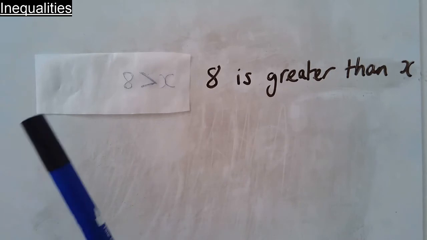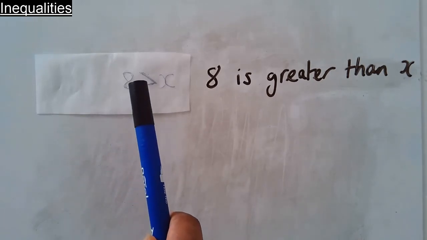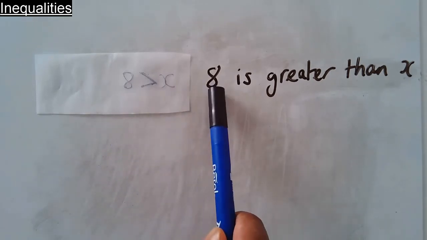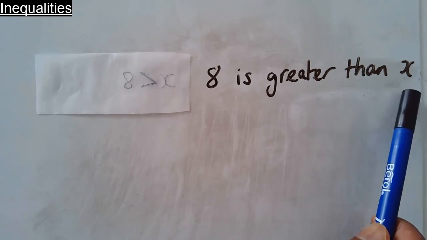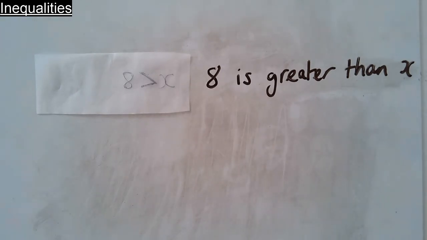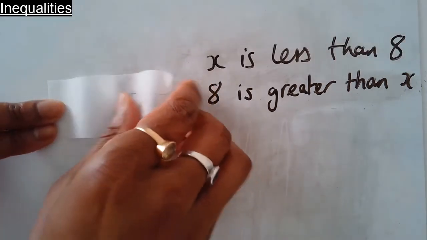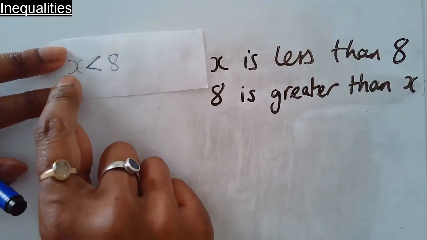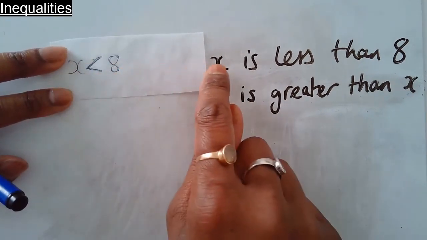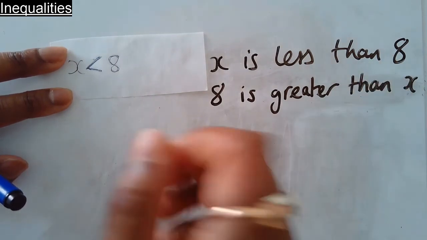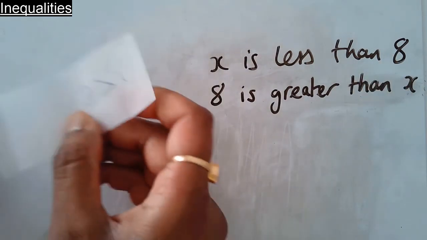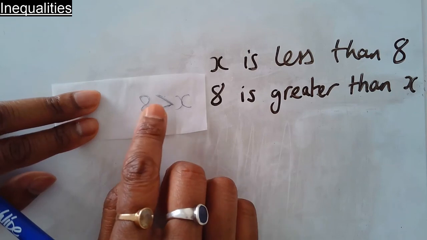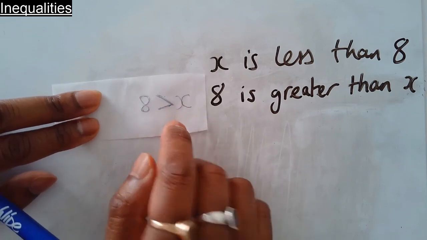It now reads 8 has to be greater than x. Just to reiterate, x is less than 8 is the same thing as 8 being greater than x. It's just another way of saying it.